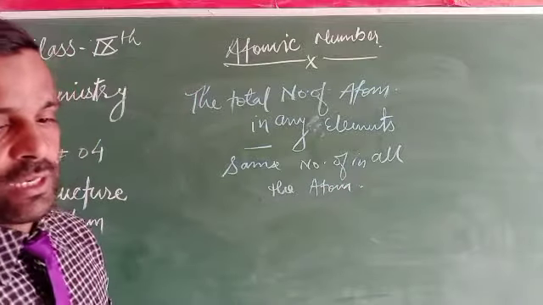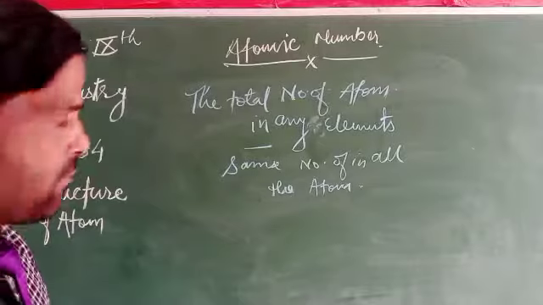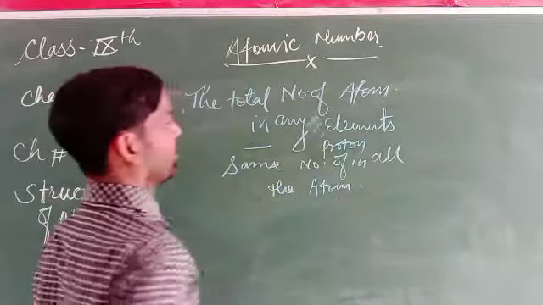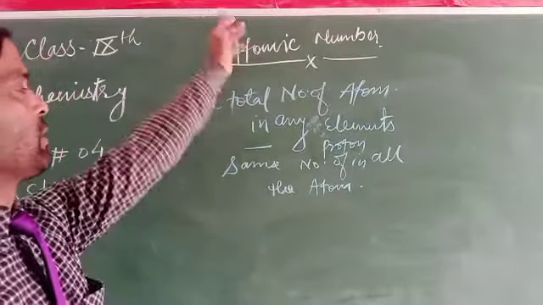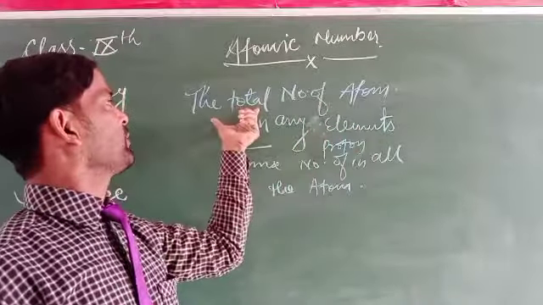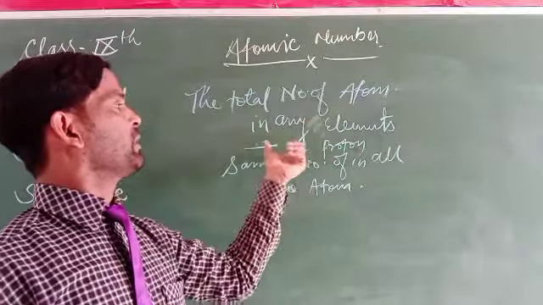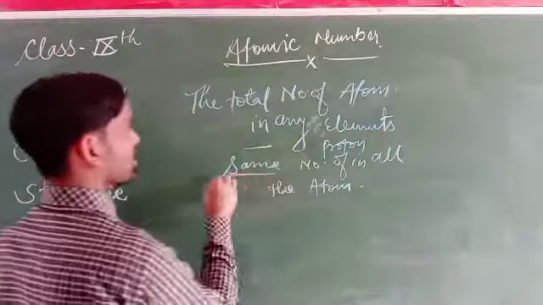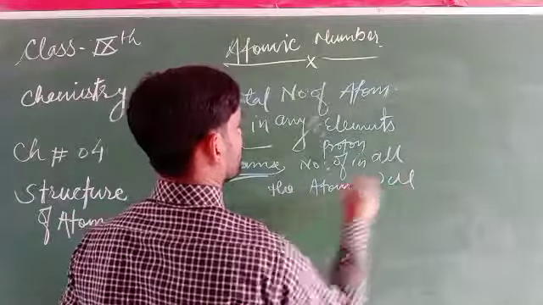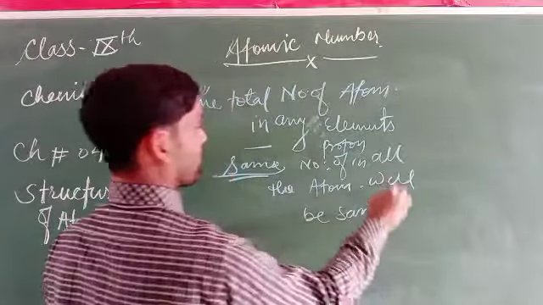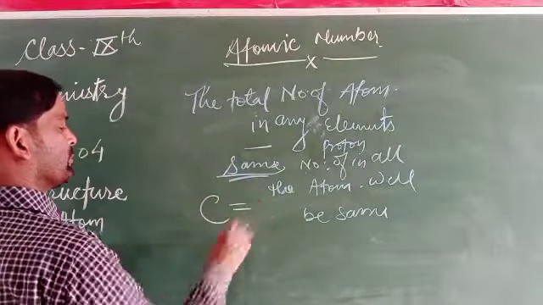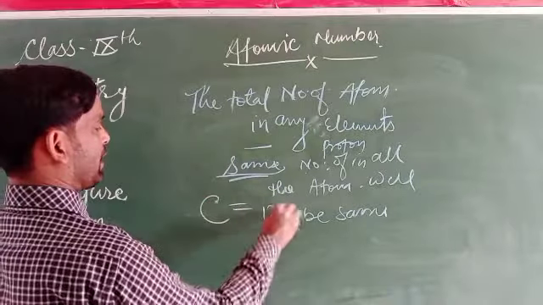Suppose there is the same number of protons in all the atoms. If the atoms in any element are the same, the number of protons in all of them will be the same. Why? Because suppose there is carbon, this has 12 electrons.